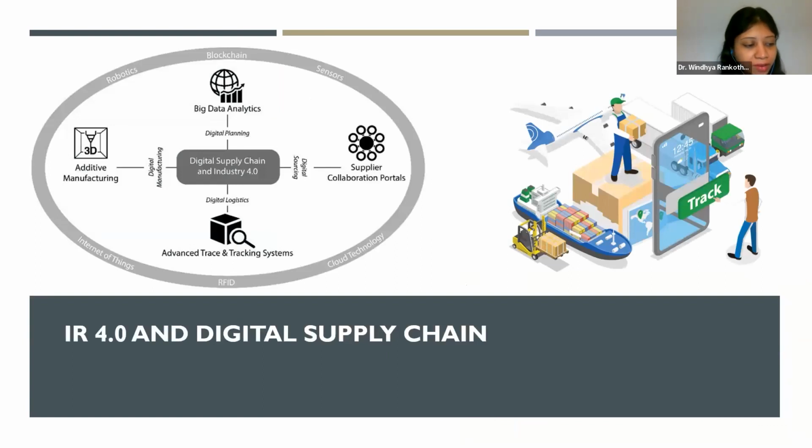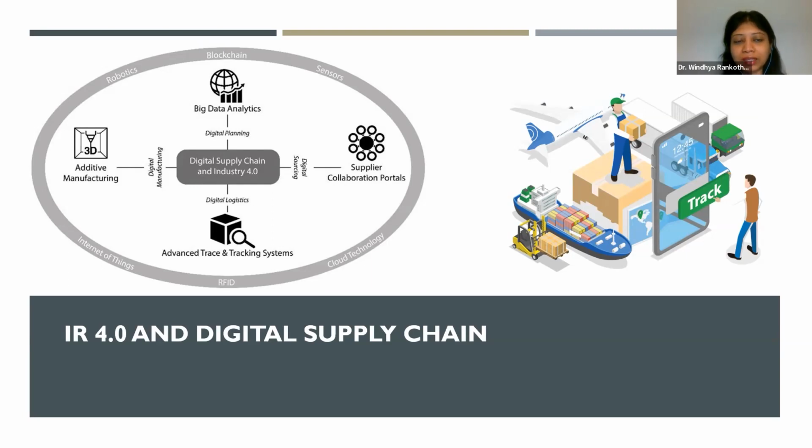With Industrial Revolution 4.0, as we know, a lot of technologies have been introduced to make industrial processes more efficient and effective, and it has affected the supply chain as well. For example, the supply chain has been digitized because we are using more and more software.